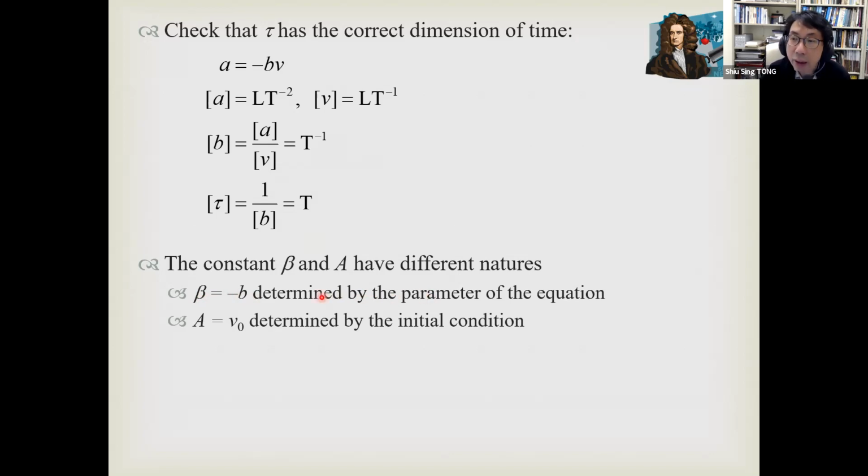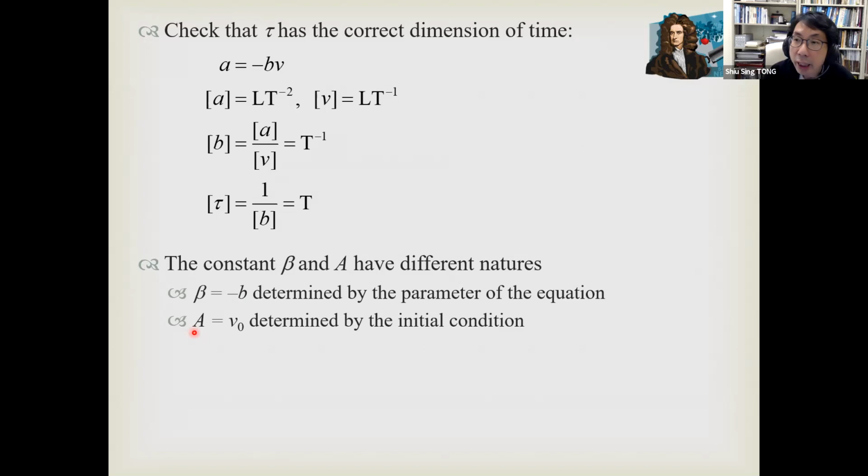We find that the equation can be satisfied for all time t, provided that beta is equal to -b. So that is determined by the parameter of the original equation.